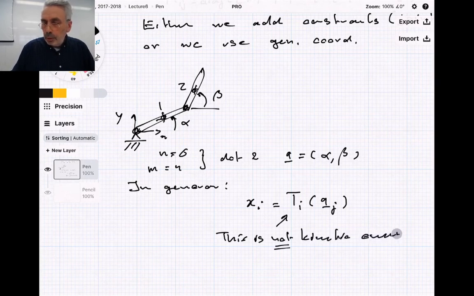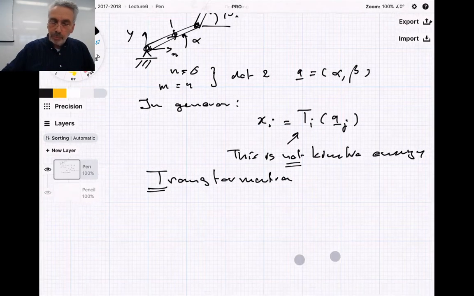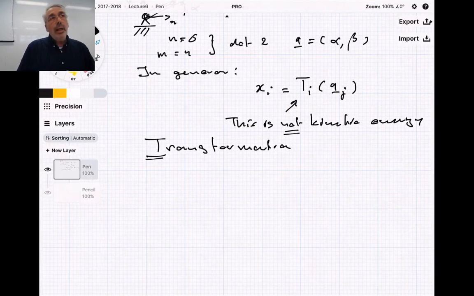But I use the letter T because it's the transformation. So it's a capital T with an index, which really differs from the scalar T. Scalar T is kinetic energy. A T with an index is some transformation function. Okay, and if we define them well, then all the constraints are fulfilled.